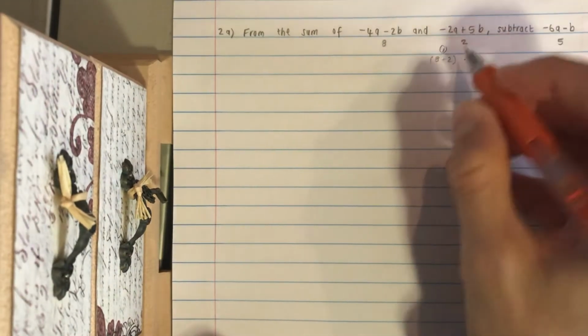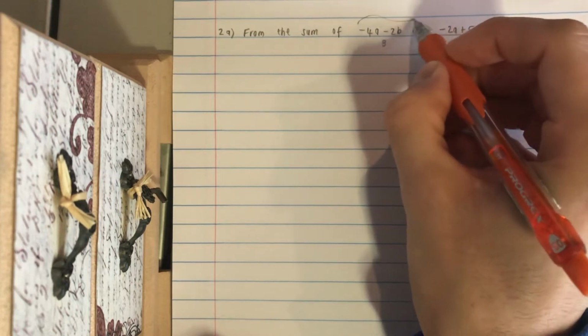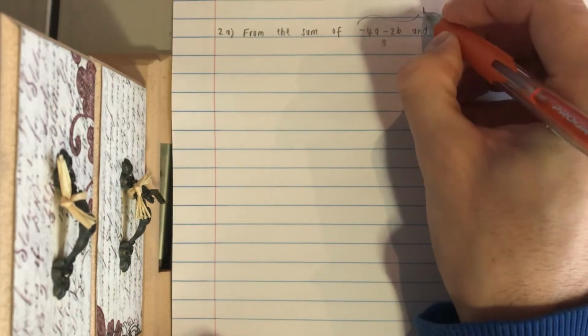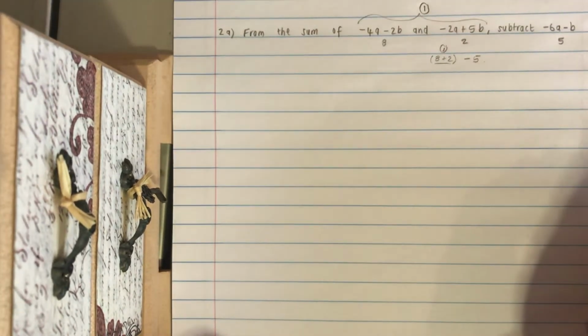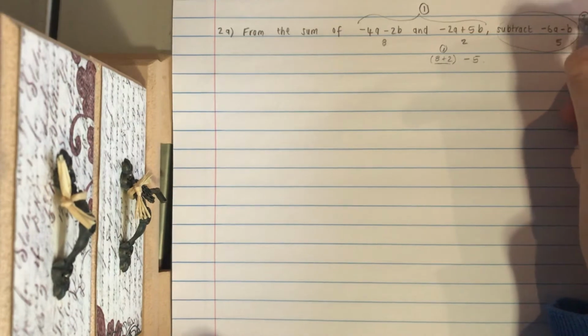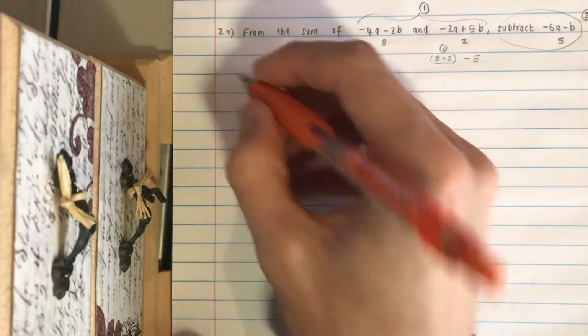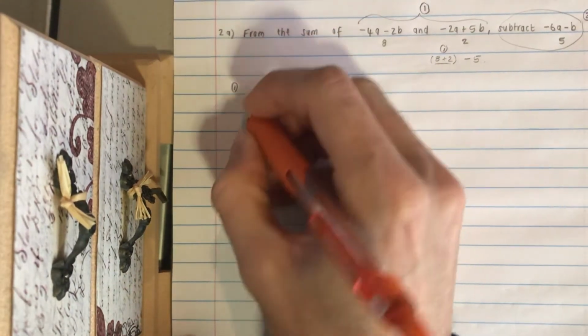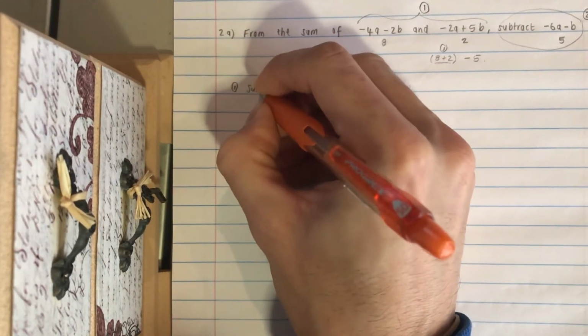First we added the 8 and the 2. That will be the first step. First we need to add them, and then we need to subtract the last part. So the first step is to calculate the sum.